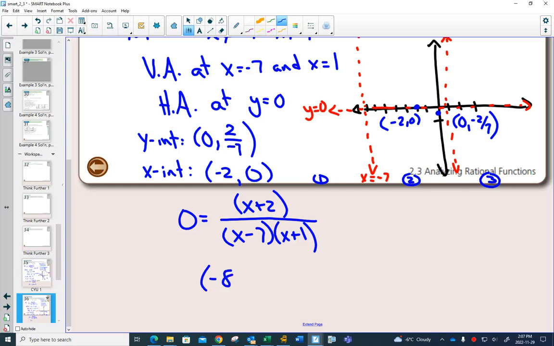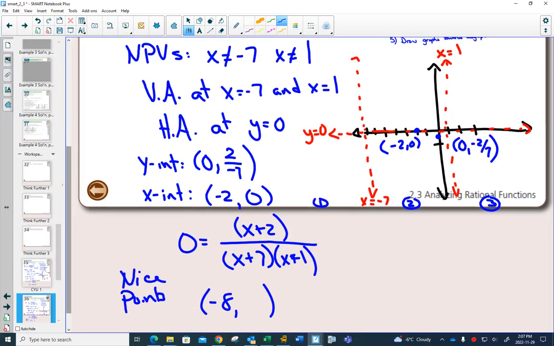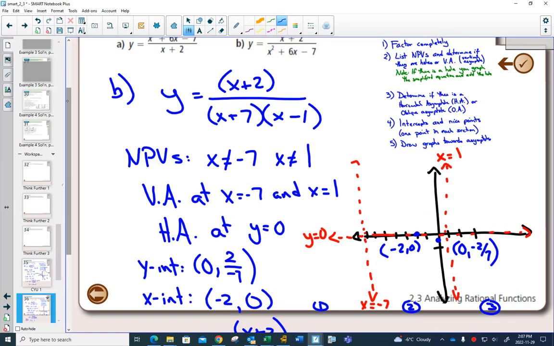If you plug in, here I'll even label this section, nice points. If you plug in -8, what would we get? Did I write down, it's x plus 7. I use the factored one because it's pretty easy to do the mental math.